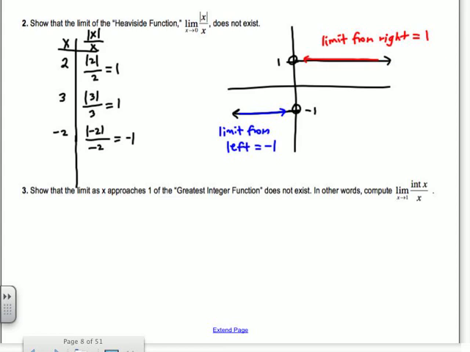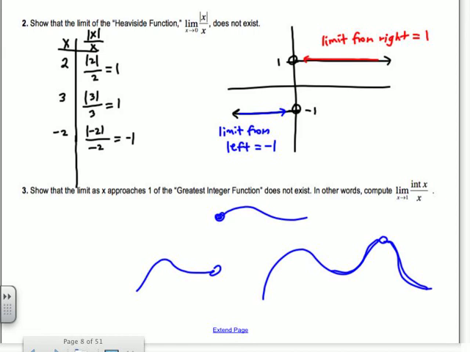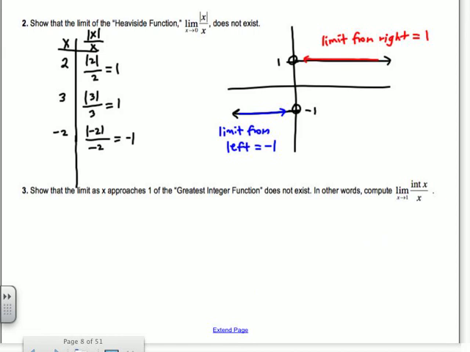In order for the limit as x goes to 0 to exist, both from the left and the right have to go to the exact same value. So you can have things where you have a curve and it's an open circle, but both went to that same value. But you cannot have some kind of jump. They have to go to the same value.